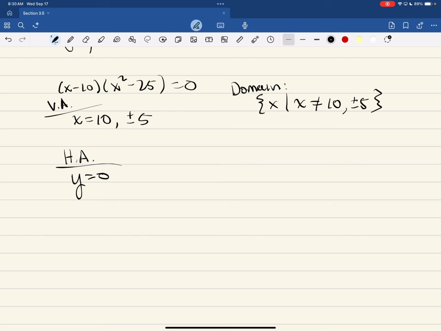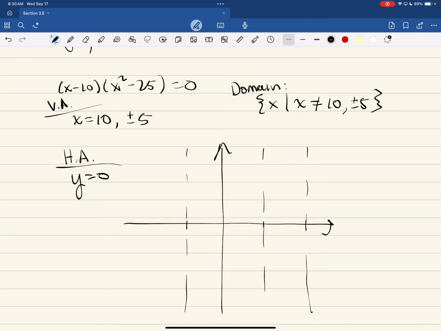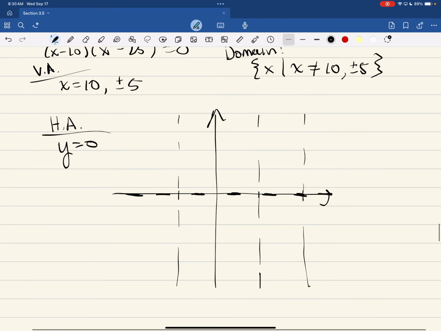Okay, so now let's draw what our function looks like then. We have x equals 10, 5, and negative 5. Vertical asymptotes, and then we're going to have a horizontal asymptote right there at a height of 0. And then we just need to figure out in these 4 zones, right, where does our graph lie?